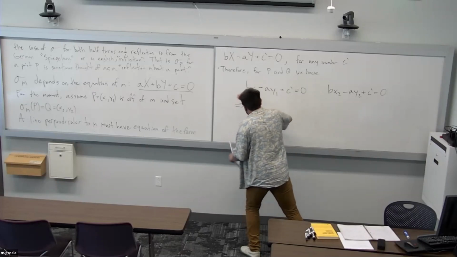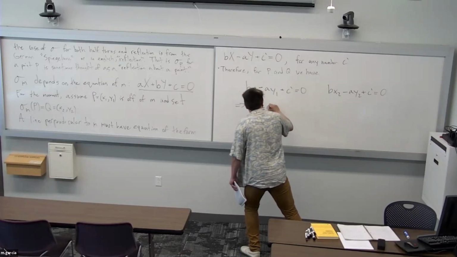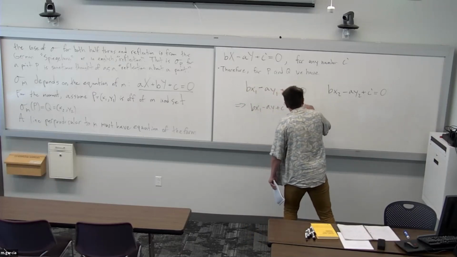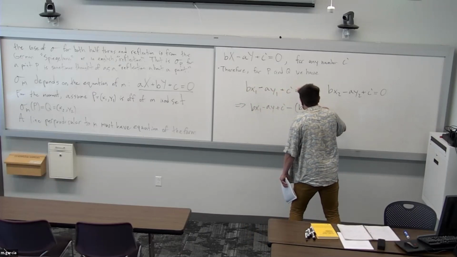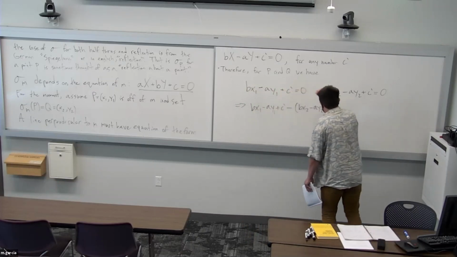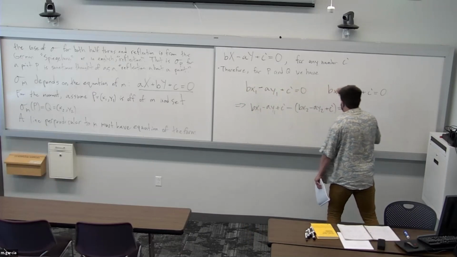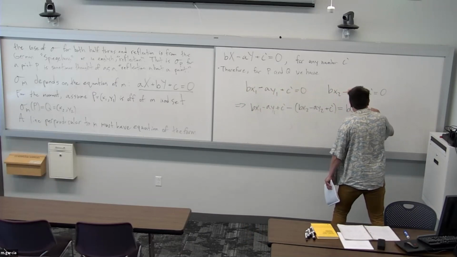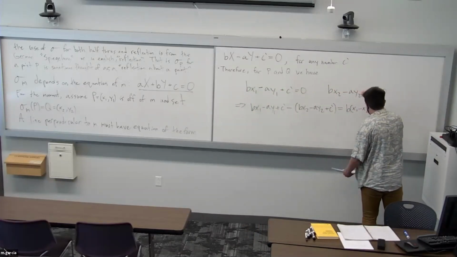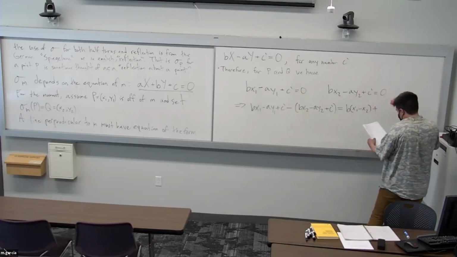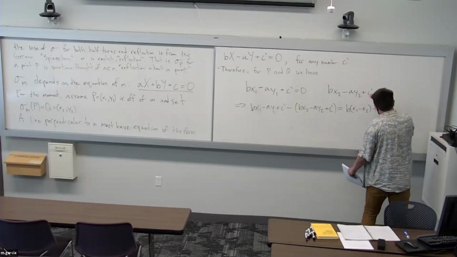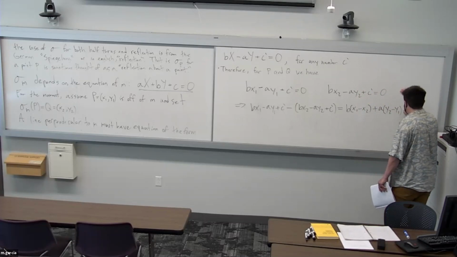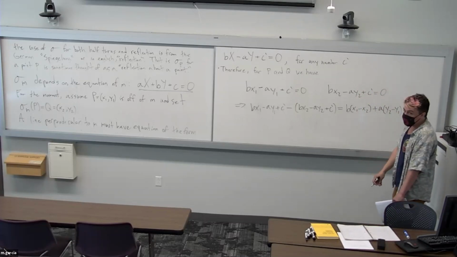I'll write out the algebra, I guess. bx1 minus ay1 plus c prime minus bx2 minus ay2 plus c prime gives us b times x1 minus x2 plus a times y2 minus y1 is equal to 0, right?